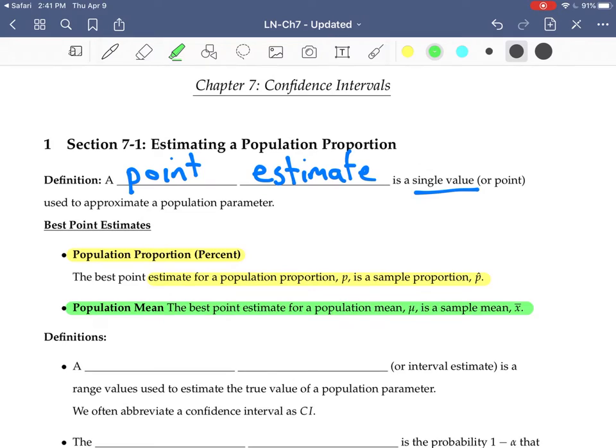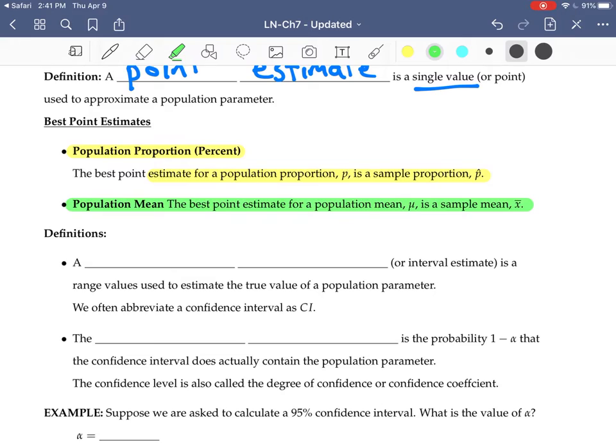That will now be my best guess if I can only choose one value for the population mean. Again, that value is almost certainly not the actual value for the population mean, but if I only get to choose one value, that's my best guess.